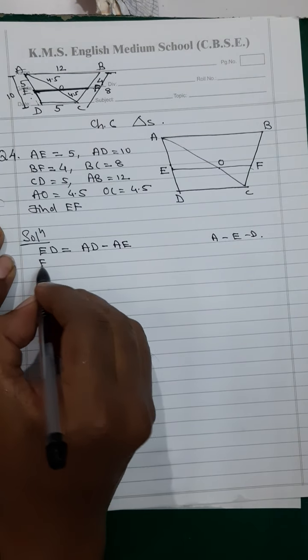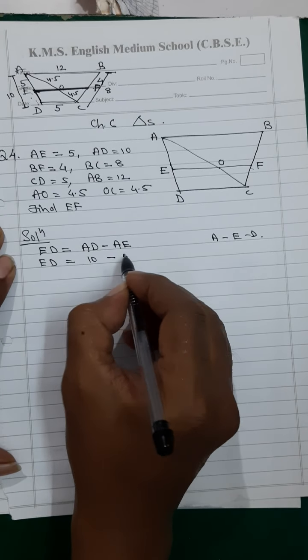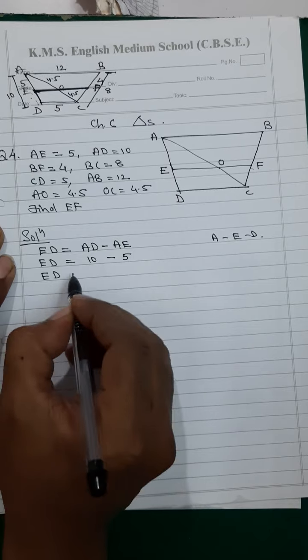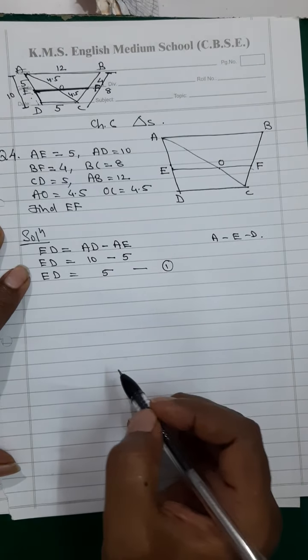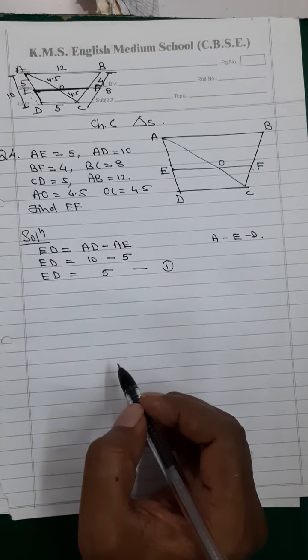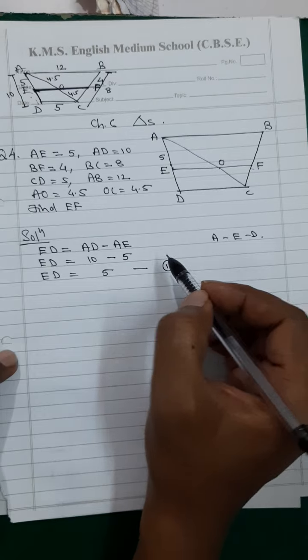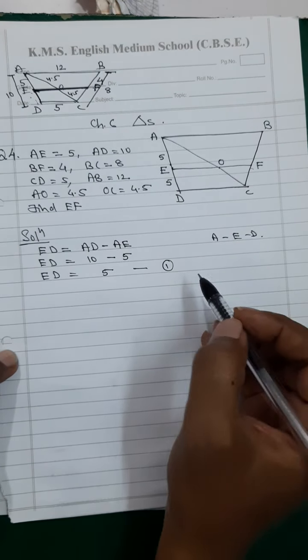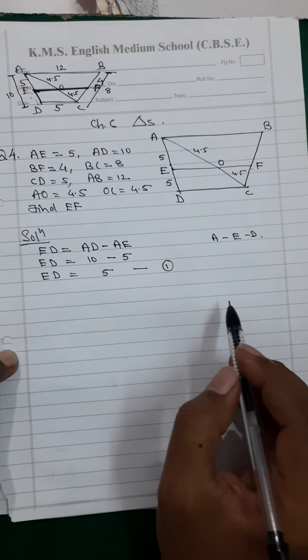So you will get ED is equal to, what is AD they have given? 10 minus 5. So you get ED is equal to 5. This is ED you have got. Similarly, 4.5 they have given. See, try to understand. This is AE is equal to 5 you have got. ED is equal to 5 you have got. 4.5 and 4.5 here you have got.